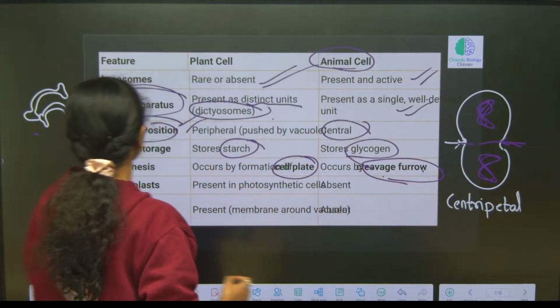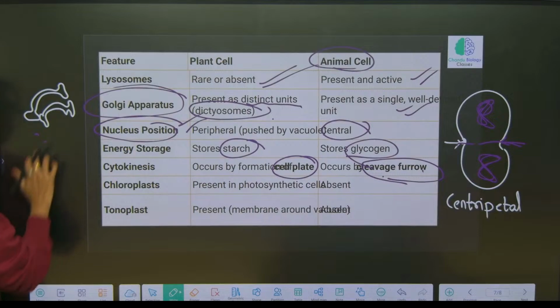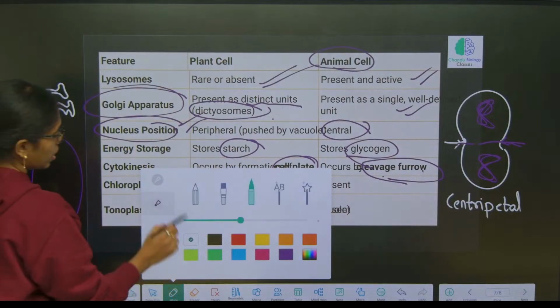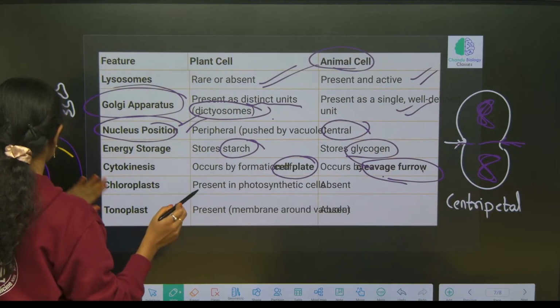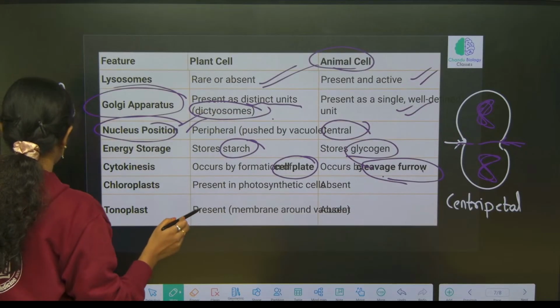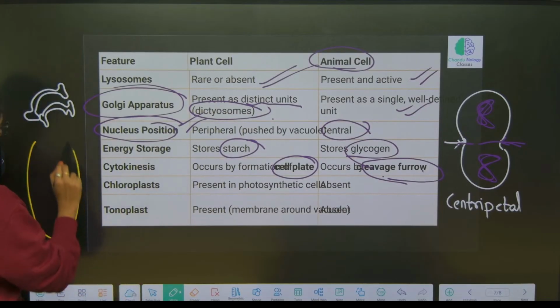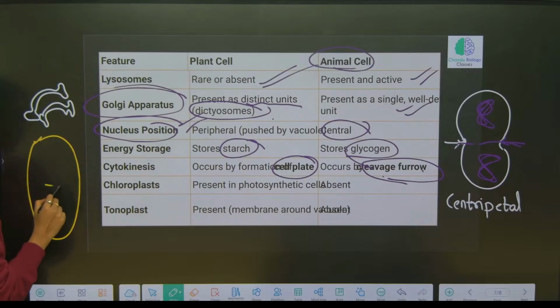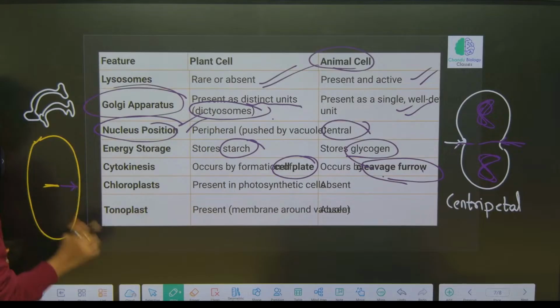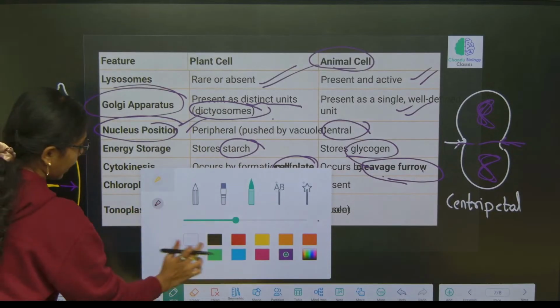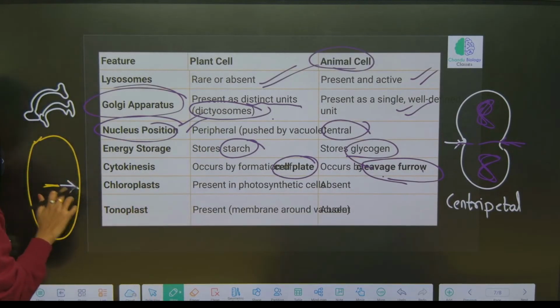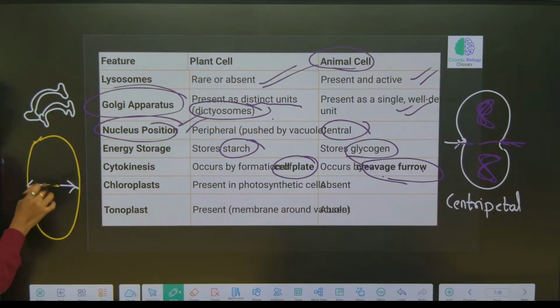But then in a plant cell, in between two cells, at the center first the cell plate is formed. This cell plate from the center will move towards the peripheral ends, and this gets matured to the middle lamella.